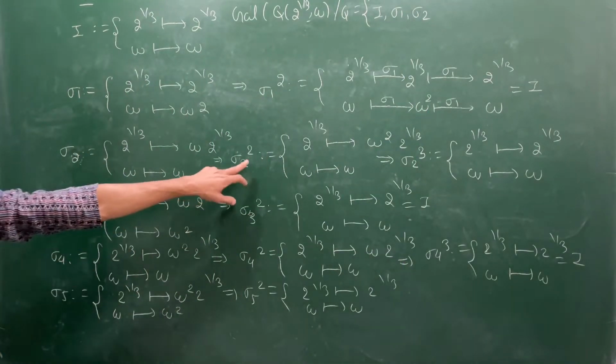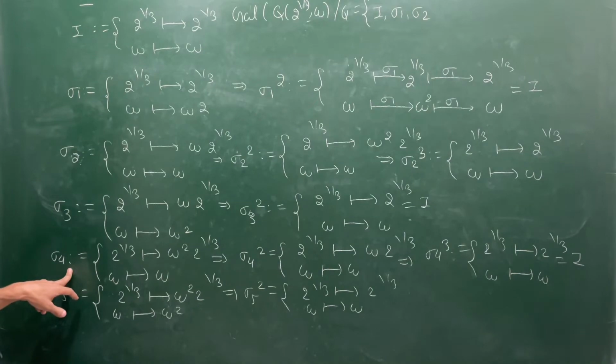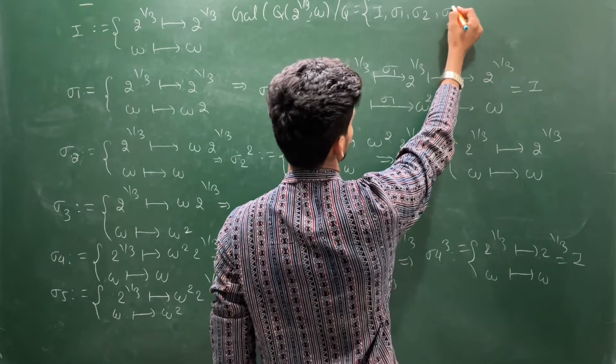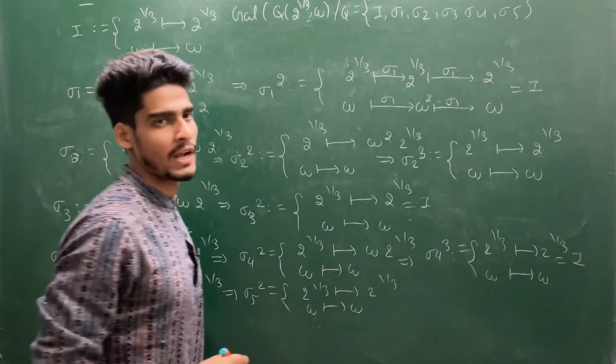See, this sigma 2 square is the same as this sigma 4 element. This is not a new element. So identity, sigma 1, sigma 2, sigma 3, sigma 4, sigma 5, these 6 elements you are having.